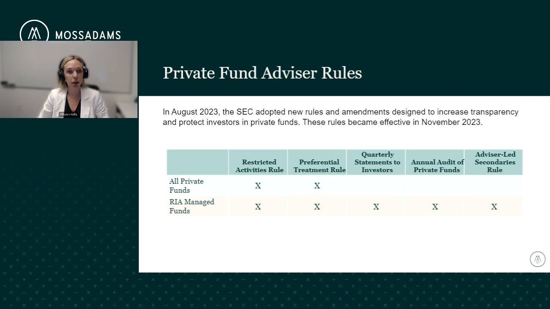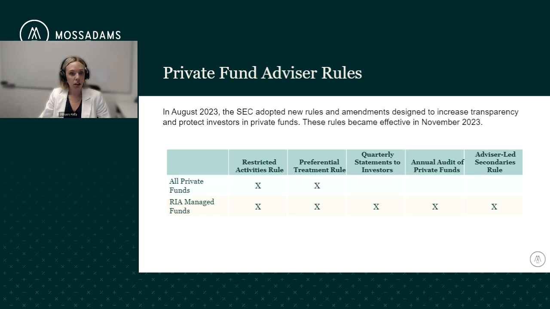Similarly, all funds were prohibited from providing certain types of preferential treatment unless disclosed to investors. Those funds that are managed by an RIA had additional requirements as well. Specifically, they were required to provide quarterly statements with certain information, obtain an annual audit, and obtain a fairness opinion or valuation opinion in connection with any advisor-led secondary transactions.